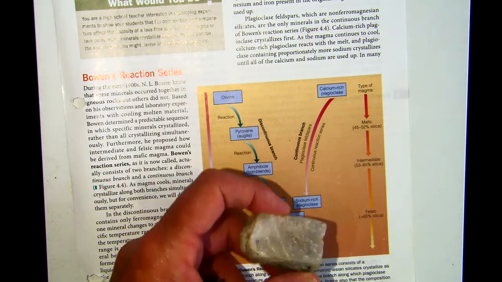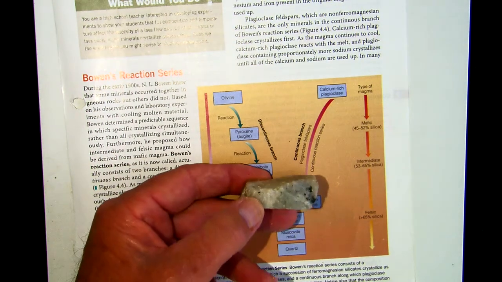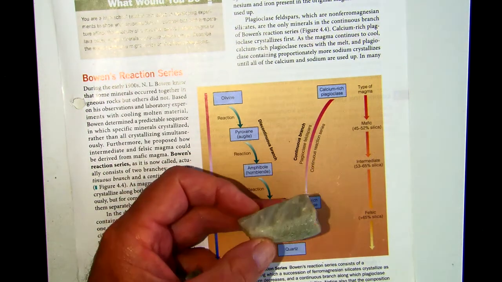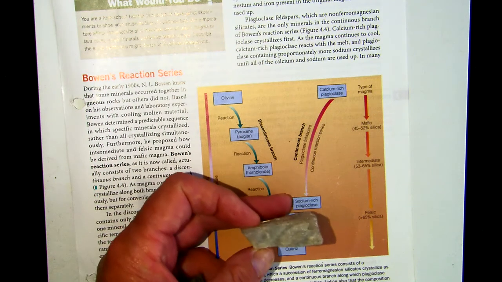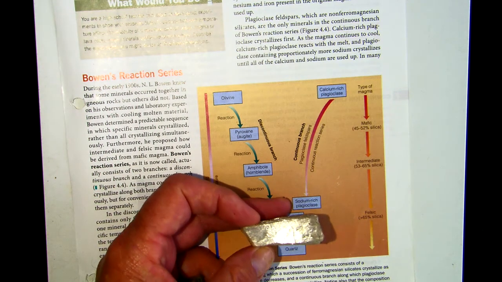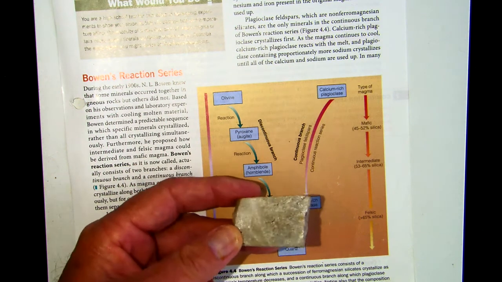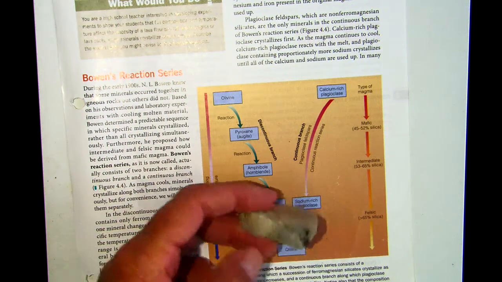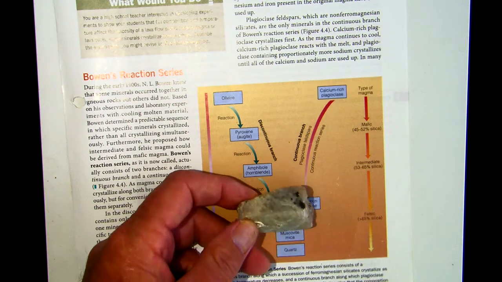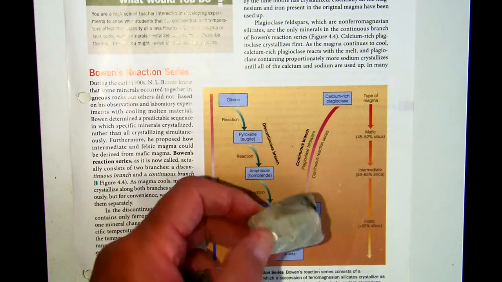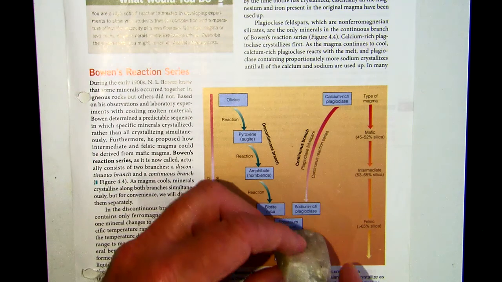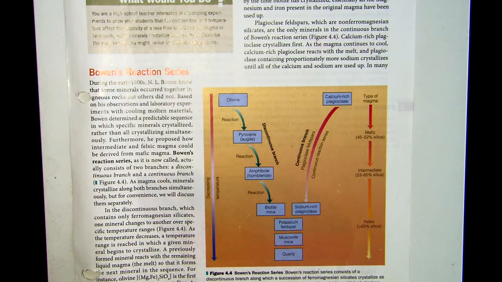This one is rich in sodium. It's light in color. It's called albite. The other one's called labradorite. And if we get it just right, you should be able to see the little striations in it. But I have to get the light just right. Whenever you find it, that is absolutely diagnostic.